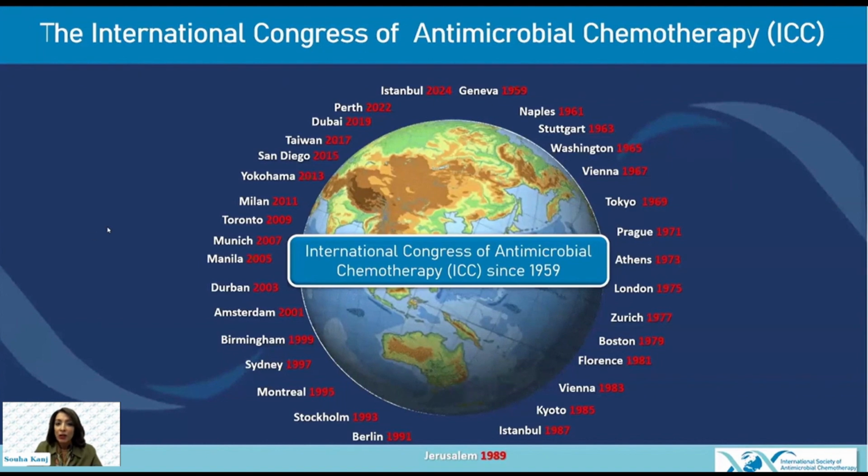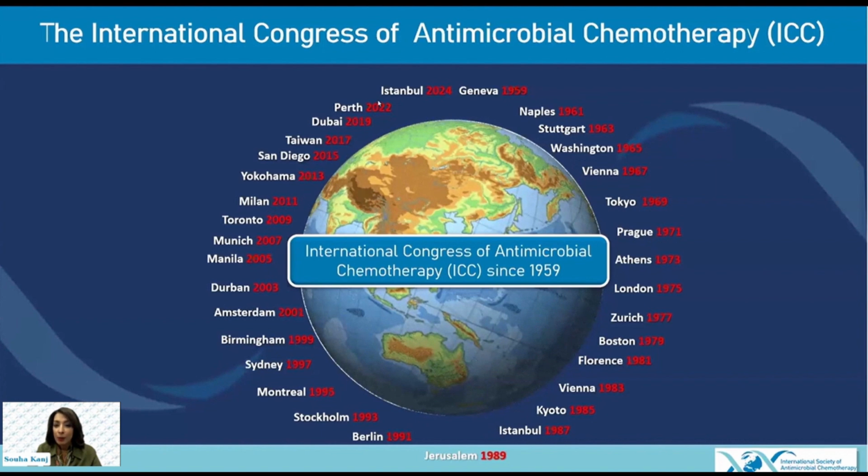The International Congress of Antimicrobial Chemotherapy, or ICC, is the conference that ISAC plans every second year. As you see, since we started in 1959, every other year, the Congress has happened in various parts of the world, including many countries in Europe, in North America, including the US and Canada, and in Asia.